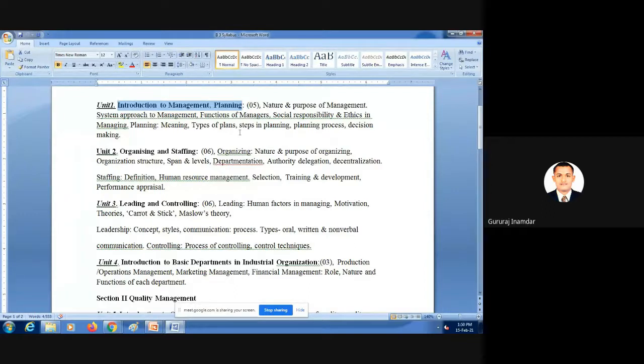Next is management function, social responsibility and ethics in managing. Social responsibility and ethics in management is also an important factor of management. Why? Because there are a number of employees in an industry, according to their education.